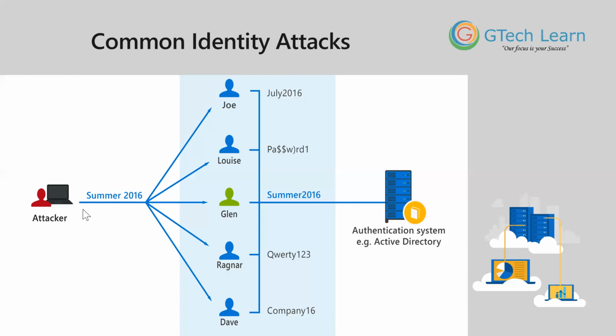There are two types of risk: first is user risk and second is sign-in risk. The user risk represents the probability that a given identity or account is compromised. The sign-in risk represents the probability that a given authentication request is not authorized by the identity owner.